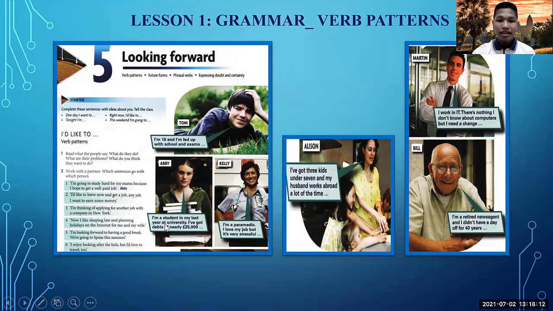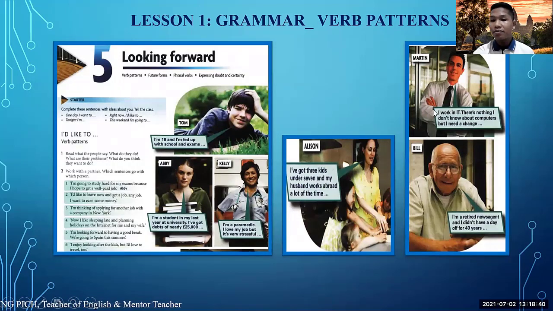And Abby says, I'm a student in my last year at university. I've got debts of nearly 25,000 pounds. Kelly says, I'm a paramedic. I love my job, but it's very stressful. Allison says, I've got 3 kids under 7 and my husband works abroad a lot of the time.